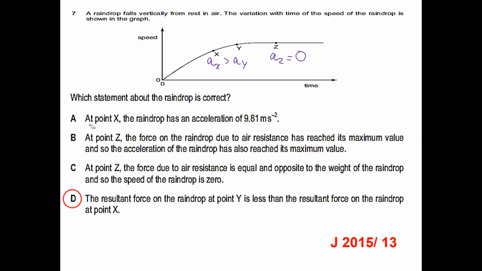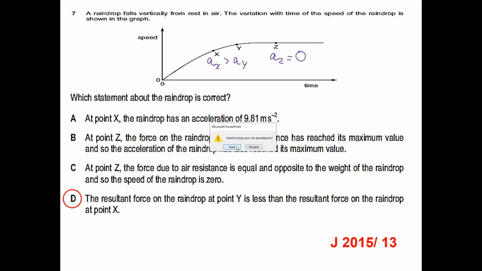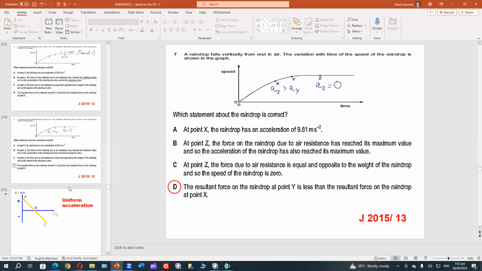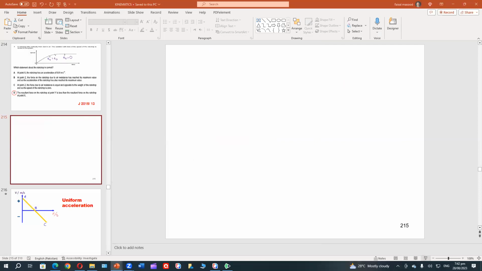So I want to repeat that very important concept that the answer is D. Why? Because of acceleration when something is falling through air. I want to make this concept in a final form again because that concept is very important.